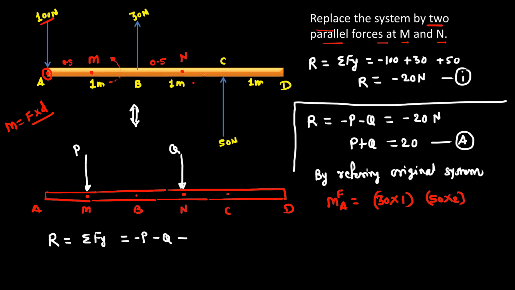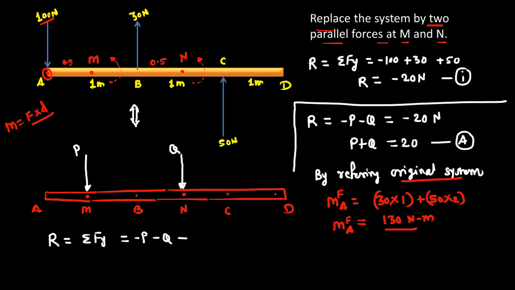Again, moment is anti-clockwise. So it is positive. Okay. So this total value is 130 Newton meter. So this is the moment by all the forces about the point A when we refer to the original system.